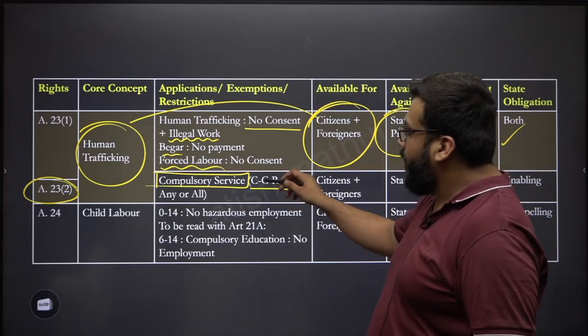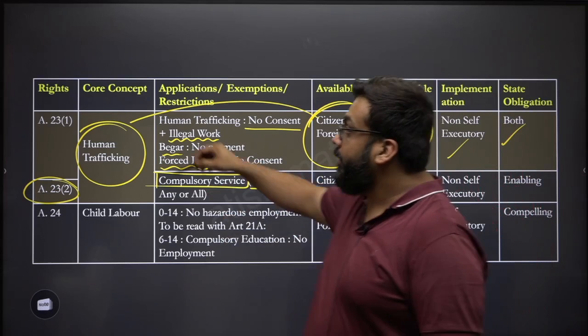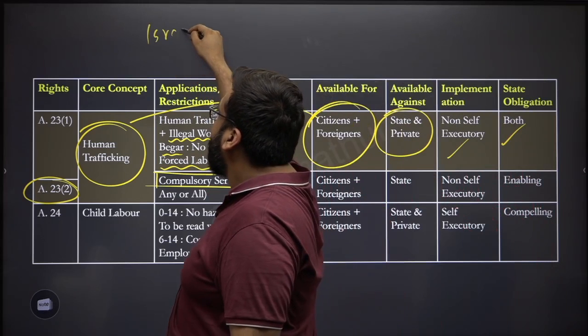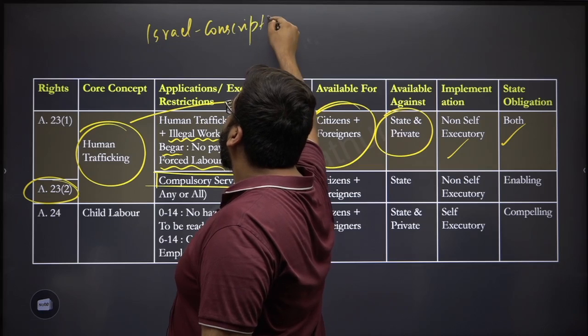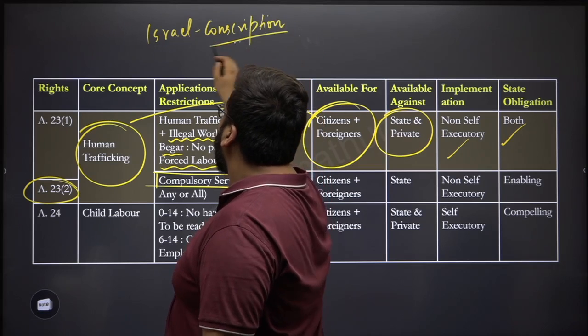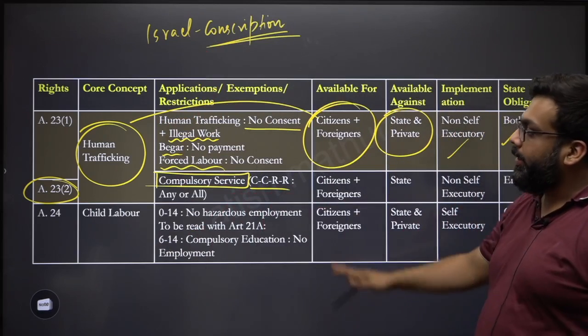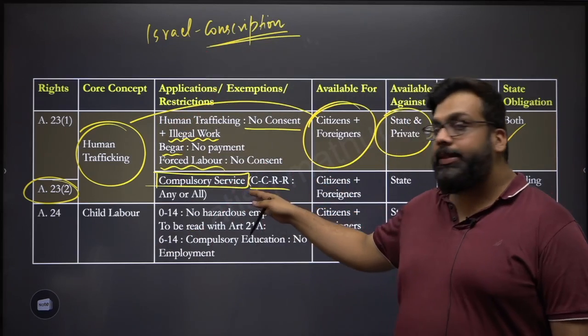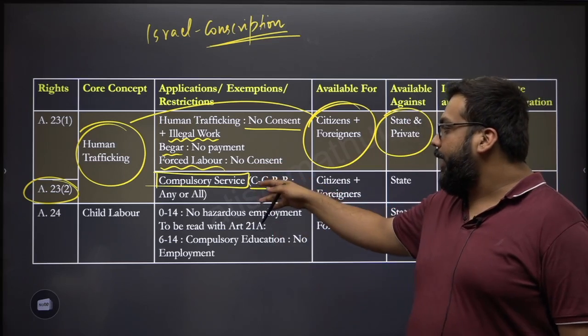Of course, a combination of this or either of this, you can have compulsory service. Compulsory service, for example, in Israel, you have something called conscription, right? Compulsory military conscription, where everybody has to serve in the Israeli military for a defined amount of time. Again, the state, India, can do something like this, but cannot discriminate on the basis of caste, class, religion, or race, right?